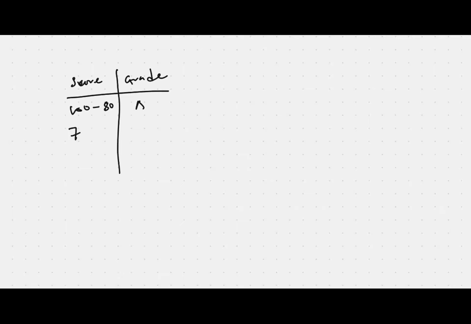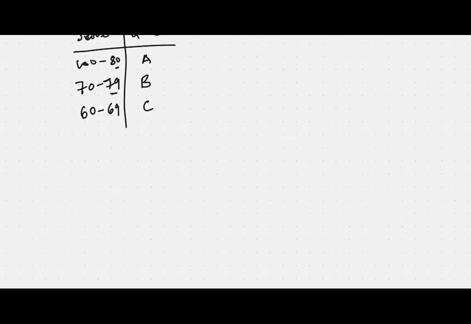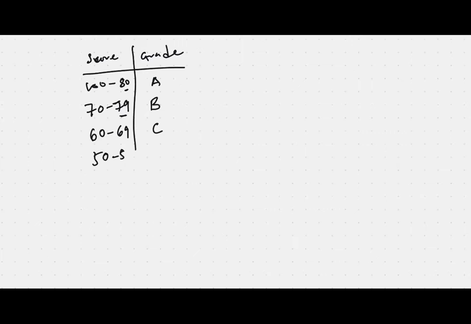So that one will be a B. If it's between 60 to 69, that will be a C. If it's between 50 to 59, that will be a D. And then finally, 0 all the way to 49 will be an E. Okay, so let's write a program that reflects this idea.